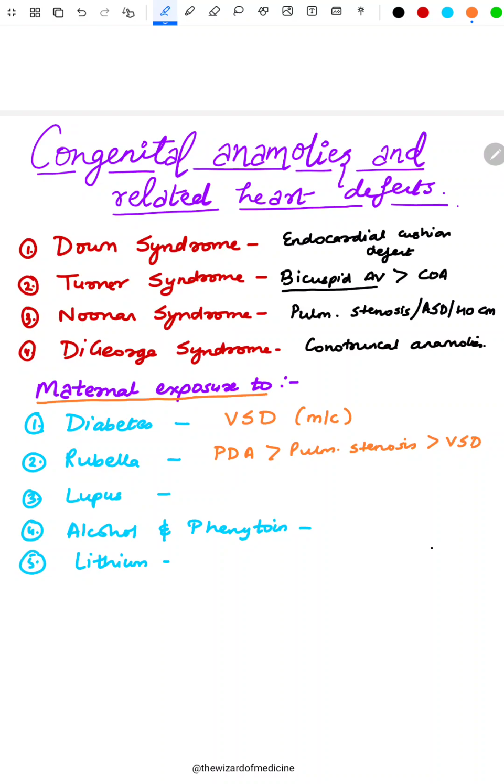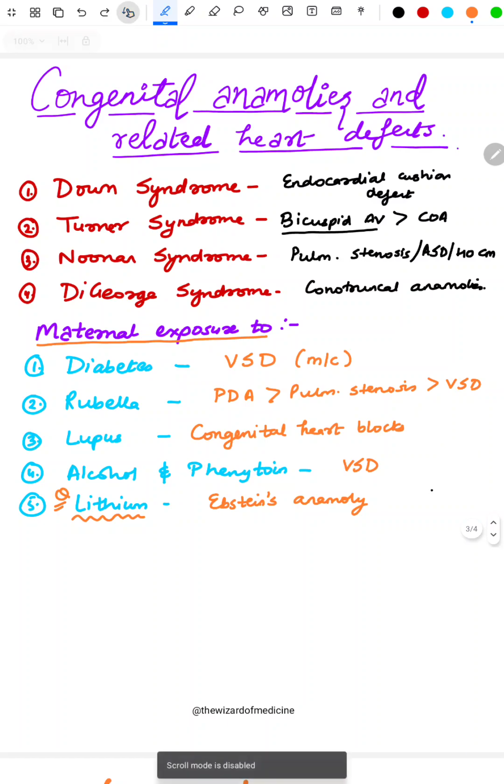In case of lupus, the child can have congenital heart block. In fetal alcohol syndrome and phenytoin syndrome, the child can have ventricular septal defect. And very important, in case of lithium exposure, the child can have Ebstein's anomaly. I hope you understood all these conditions and the related heart defects.